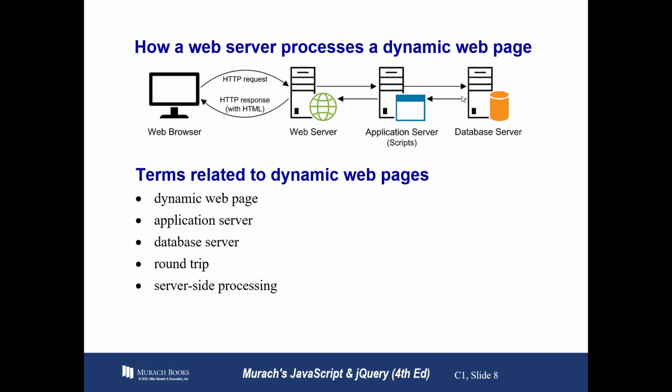So notice the HTTP request goes from my browser to a web server, but the web server has got to send it out, and it may go to several servers in the interim before it comes back to the first web server and back as an HTTP response with HTML. That's the round trip that they're talking about there.